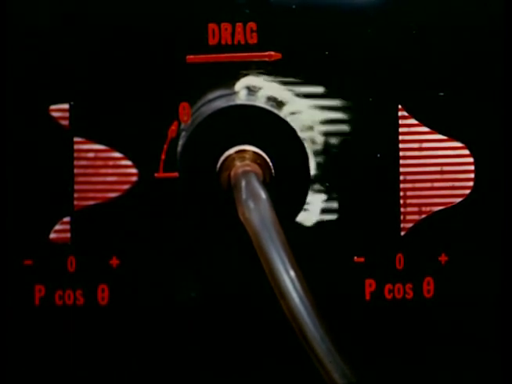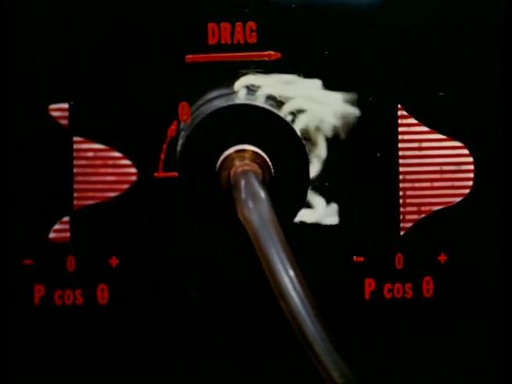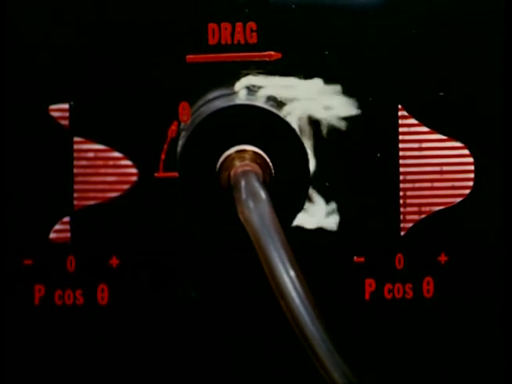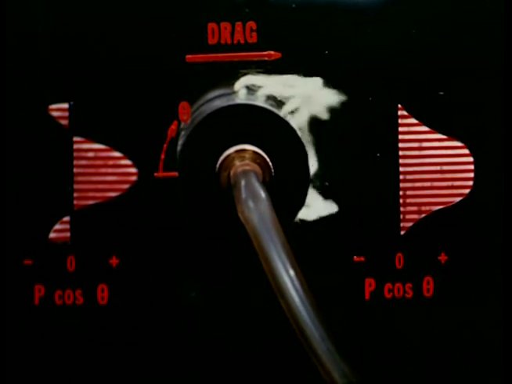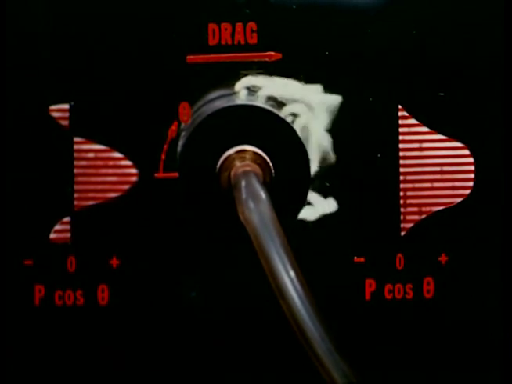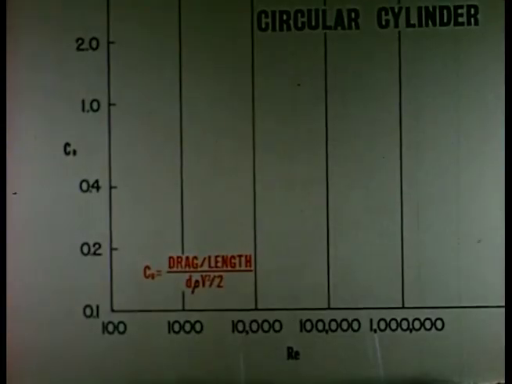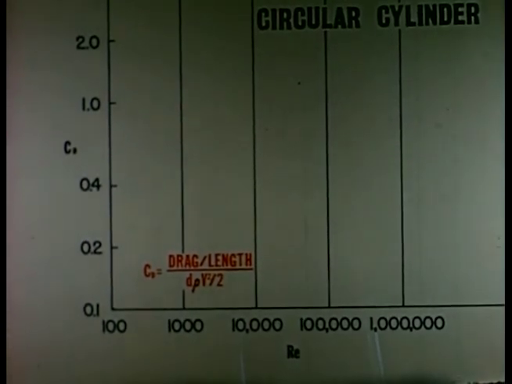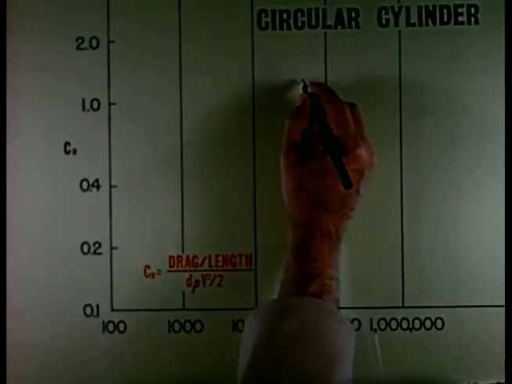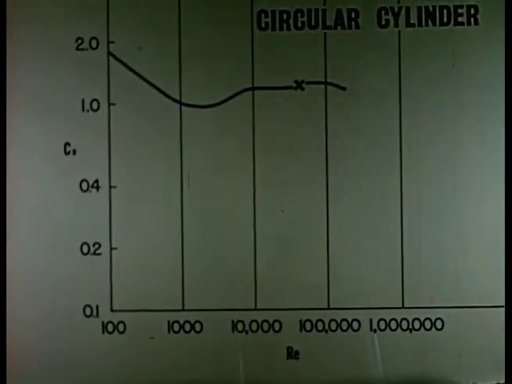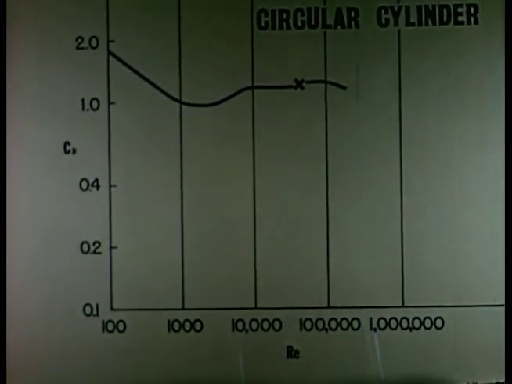For the circular cylinder, form drag far exceeds skin friction drag at all but the smallest Reynolds numbers, and the skin friction can be ignored. Again, drag is conveniently portrayed in coefficient form. Drag coefficient for a circular cylinder remains near unity over a large range of Reynolds numbers to well over 100,000.